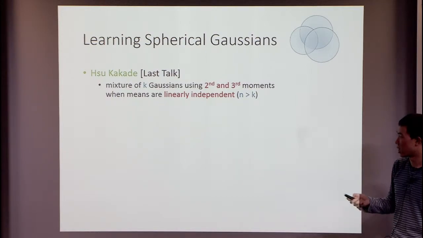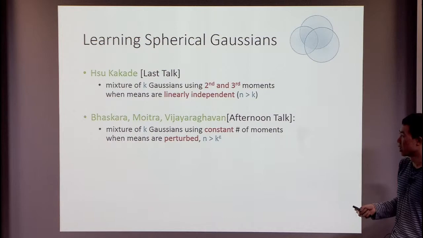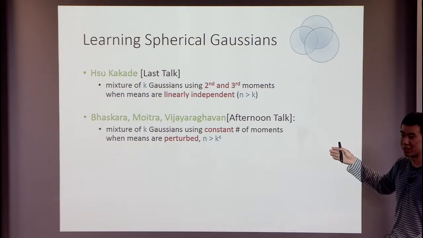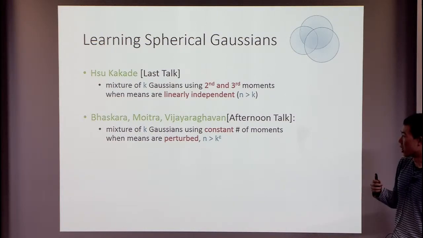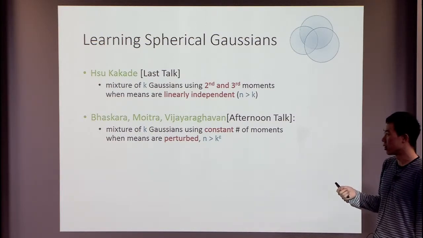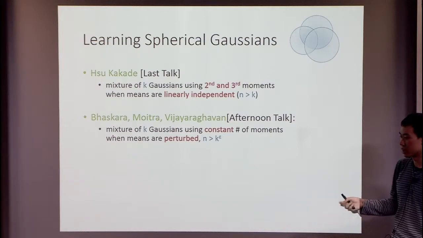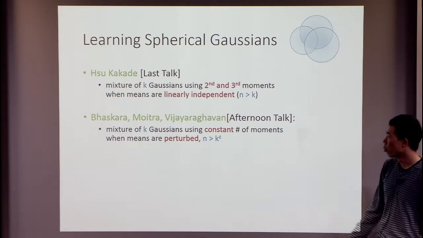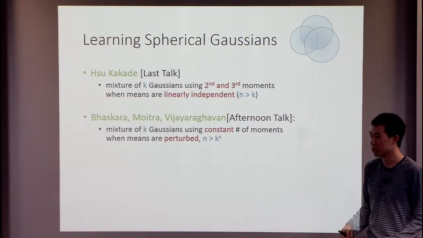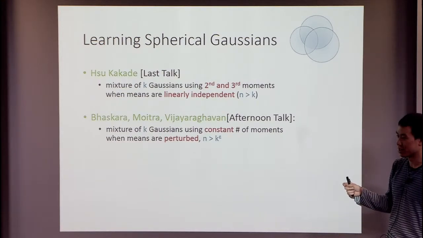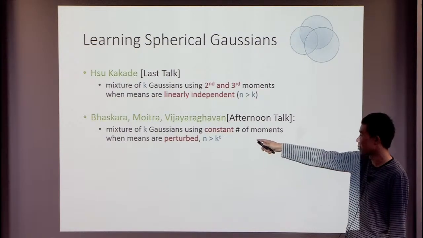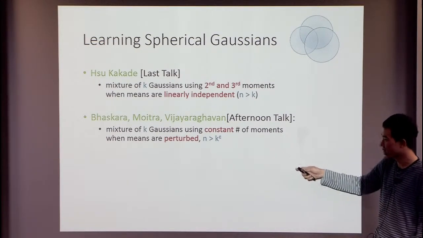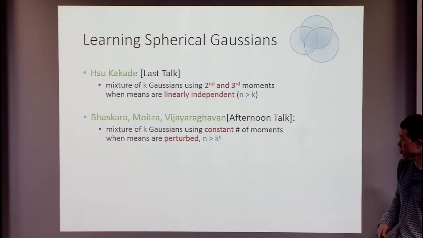So later, there are some follow-up works that improve this result. Basically, there's one work that Aravindan is going to talk about this afternoon. What they show is you can learn a mixture of k Gaussians using a constant number of moments when the dimension is larger than k to some epsilon, where epsilon is also a constant. It can be an arbitrarily small constant, but the number of moments you need will depend on epsilon.